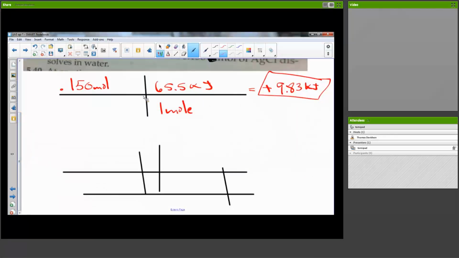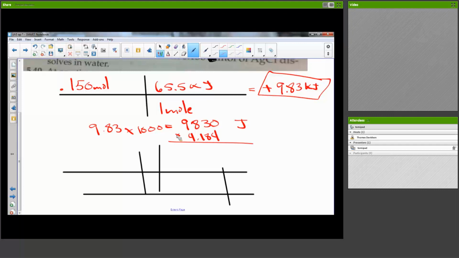Now let's just do some quick math, and you don't have to do this, but just follow my logic here. 9.83 times 1,000 will tell me the joules here, right? So it's 9,830 joules for me to get this to break apart. Might not seem like a very big number, but take this number and multiply it by 4.184.